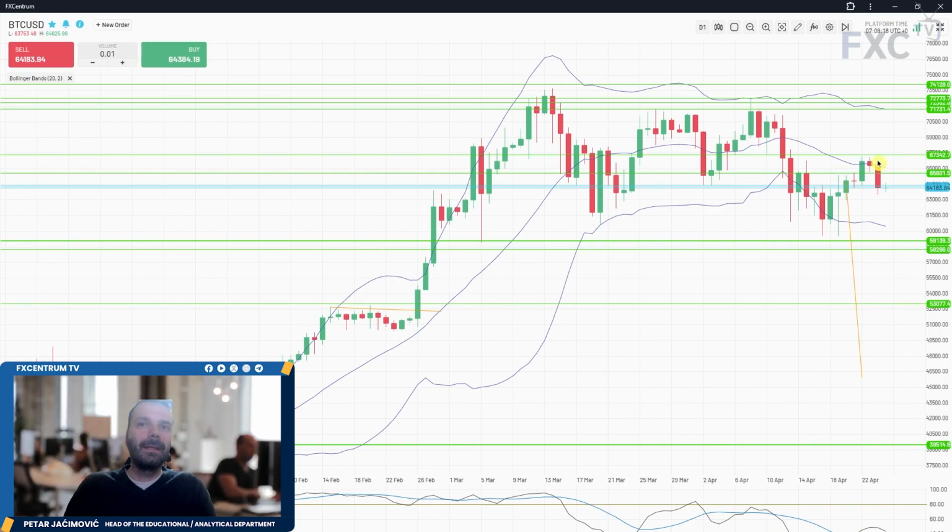So it is a good risk to reward trade idea, with a protective stop around 67,350 and objectives at 59,000 and 53,000 on Bitcoin versus US dollar.